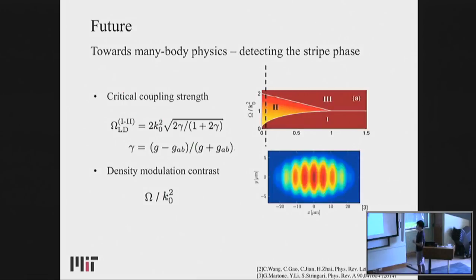The reason it's hard to detect the stripe phase is that for the rubidium atoms, the intraspin interaction and the interspin interaction are so close to each other, which means that the stable window for the stripe phase to exist and the contrast that they can get from the stripes are really, really small.